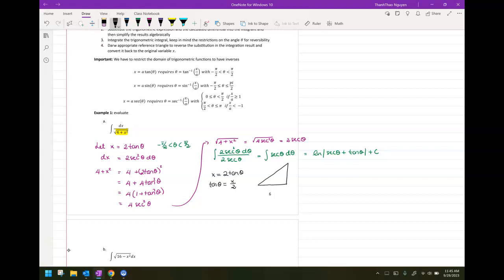Tangent is opposite over adjacent, so the hypotenuse is the square root of 4 plus x squared. I can use this fact to rewrite: ln of secant of theta, which is the square root of 4 plus x squared divided by 2, plus tangent, which is x over 2, plus a constant c. So this is our answer.